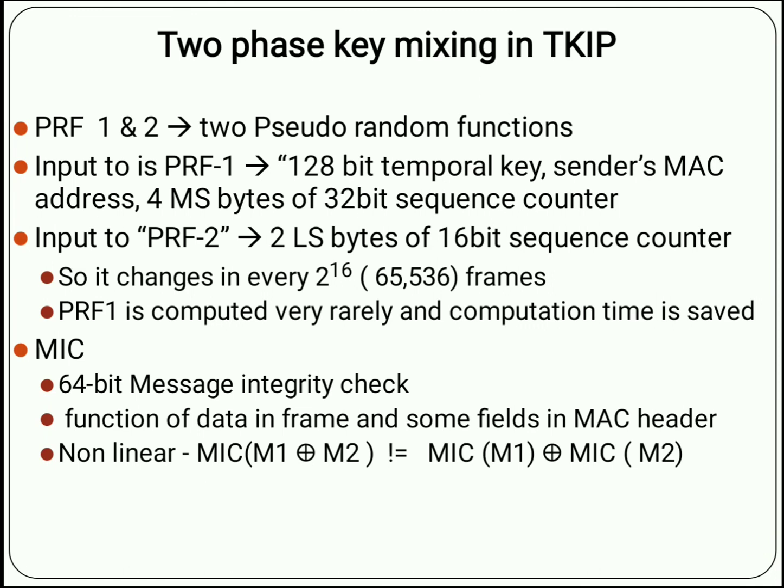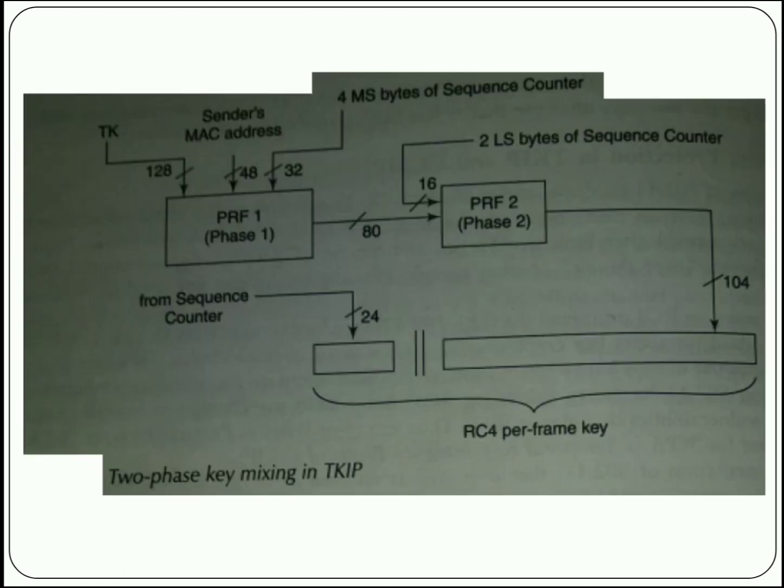And what is the input to PR1? We will discuss it with a figure. Here in the figure you can see there are two pseudo-random functions, phase 1 and phase 2. In the first pseudo-random function it uses a 128-bit temporal key TK, the 48-bit sender's MAC address, and the 4 most significant bytes of the sequence counter, which is 32 bits. In pseudo-random function 2 it uses the two least significant bytes of the sequence counter, which is a 16-bit value.